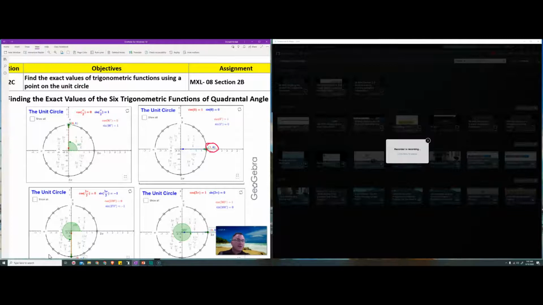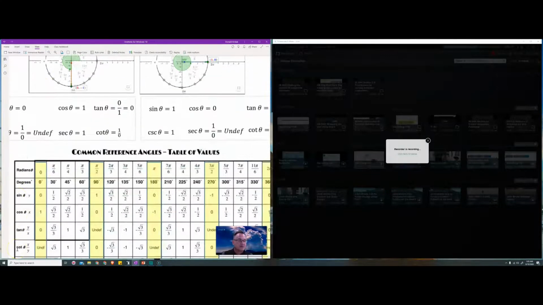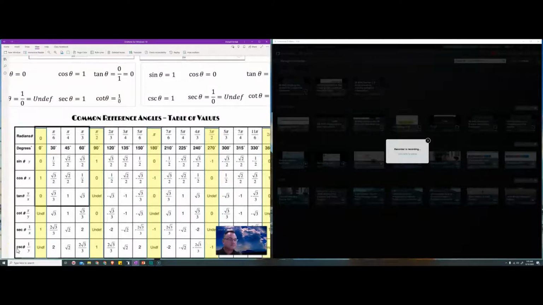Now we're at the other axis, the y-axis, and the cosine is now 0. So the cosine at pi over 2, or 90 degrees, is 0, and the sine is 1. Now we can calculate our other values. So this is at 90 degrees. Our sine was 1, our cosine is 0.